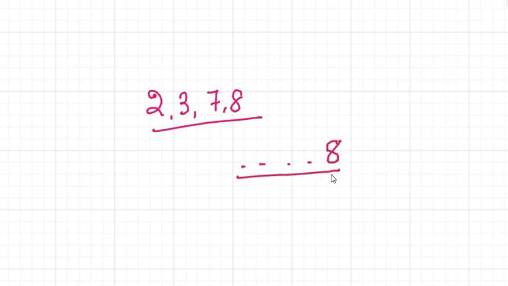It cannot be a perfect square because no perfect square ends with 8. No perfect square ends with 7. No perfect square ends with 3. No perfect square ends with 2. Can you give me an example of any perfect square that ends with 2, 3, 7 or 8? You try. Never possible.